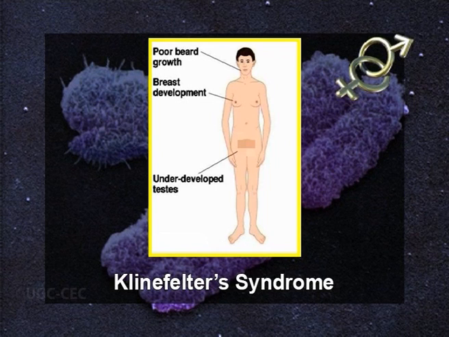Klinefelter syndrome is caused by the presence of one or more copies of the X chromosome in males. Extra genetic material from the X chromosome interferes with male sexual development, preventing the testicles from functioning normally and reducing the levels of testosterone.